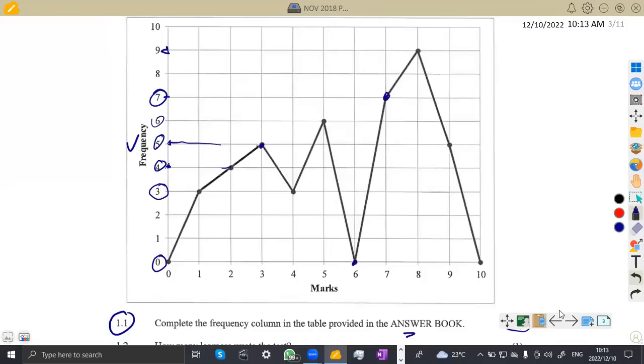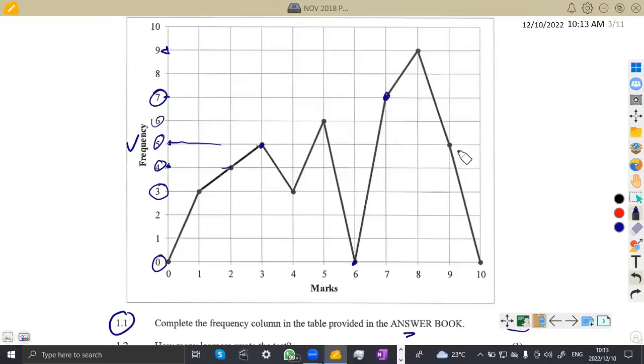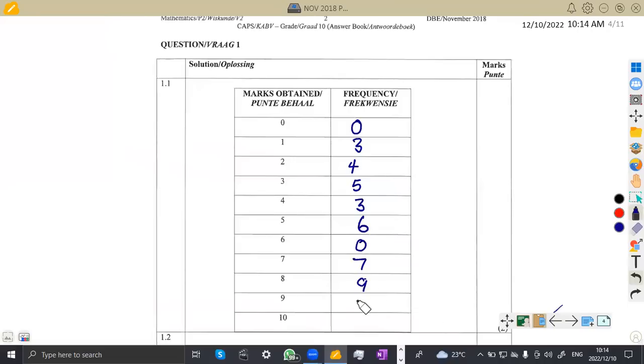It corresponds with a 9. So that is how you simply take the information from the frequency that you're given. Then we've got 9. It corresponds with 9 here, straight to this point, then straight to the graph. That is a 5. So that's 9 versus a 5.